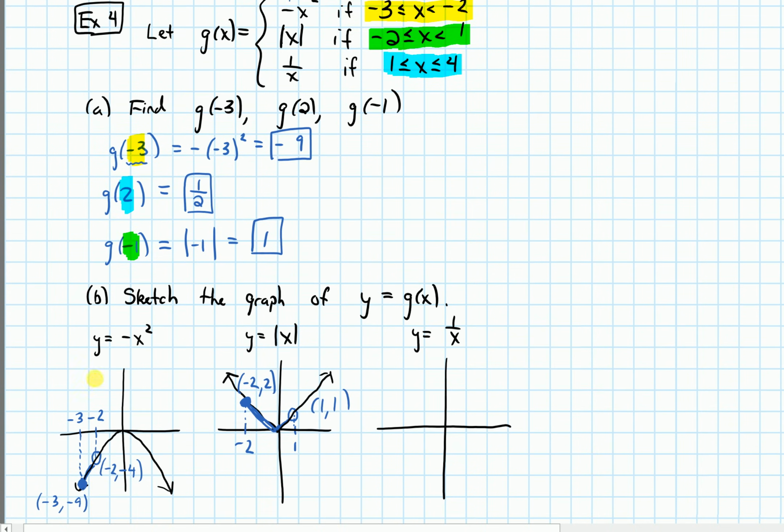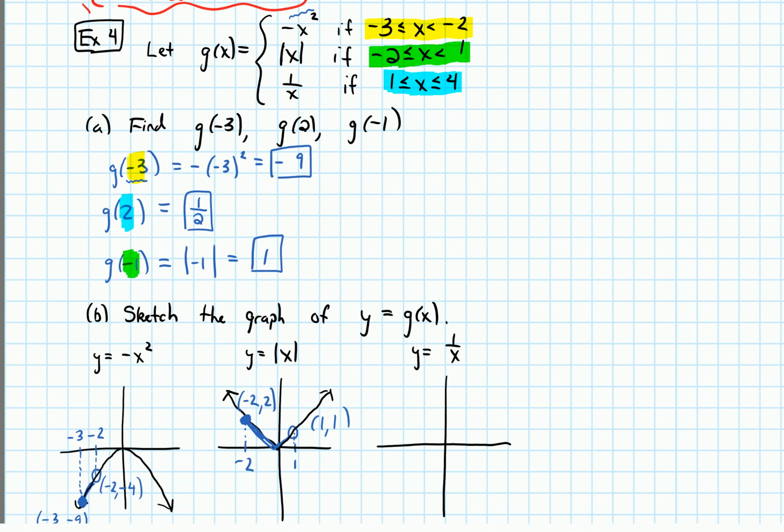All right, so I still have to draw the graph of 1 over x. That's a hyperbola. So 1 over x's graph looks something like this. And there's another part to it over here in the 3rd quadrant. And I just want the part of the graph that is between where x is 1 and where x is 4.